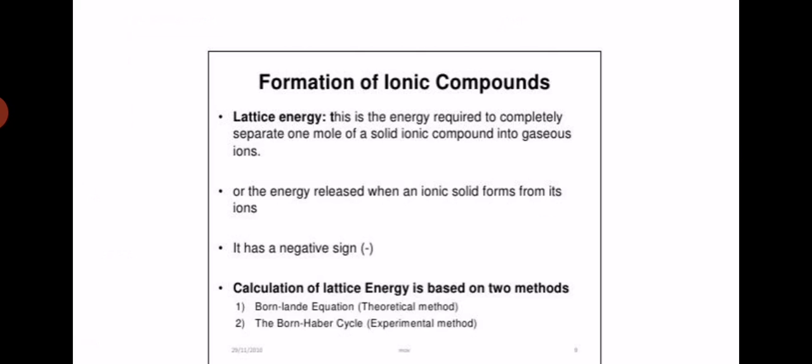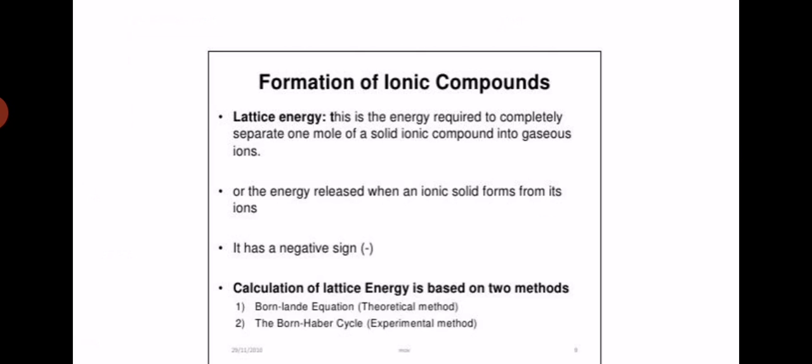So lattice energy is the energy required to completely separate one mole of a solid ionic compound into its gaseous ions, or we can also call it the energy released when an ionic solid forms from its ions.